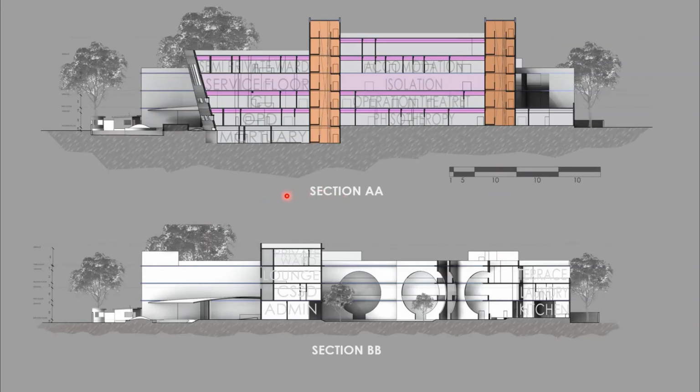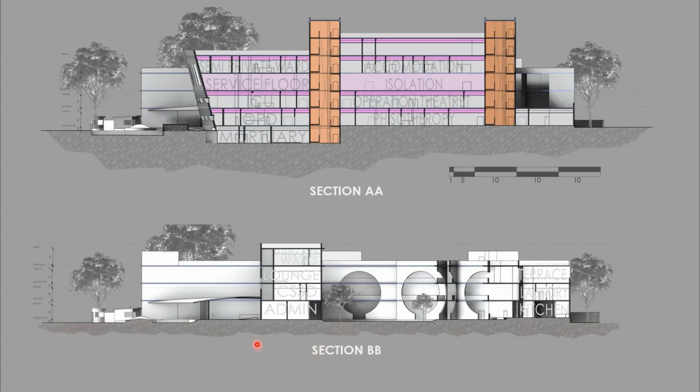Section A dash is a longitudinal section cut through the service floor, where the mortuary is at the lower ground floor, and all the spaces in the section are accessed by the two vertical cores on the western side.